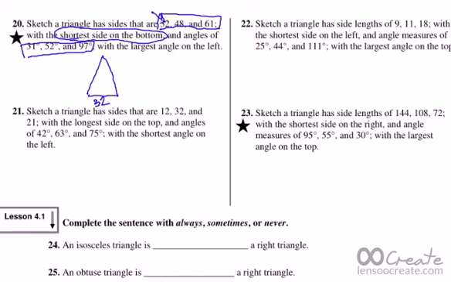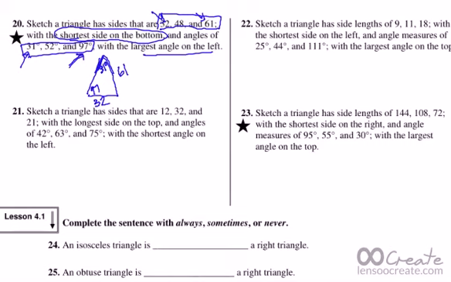And that tells us from the angles, we would choose the smallest angle to be opposite of it, putting it in the corner of the triangle. And we would put the largest angle on the left. So from there, we would choose 97. And opposite of that, we would put the longest side, 61. You go ahead and fill in the other two angles and sides.